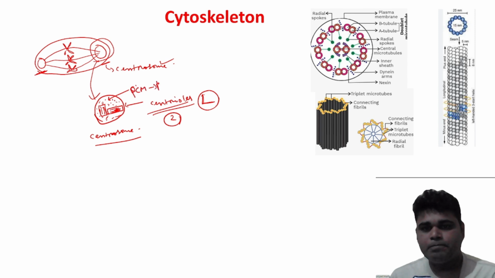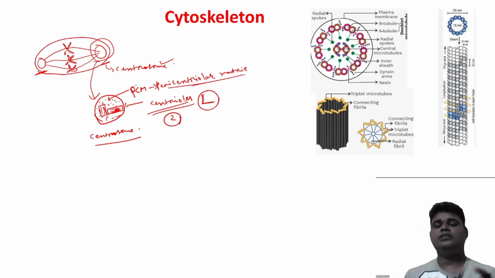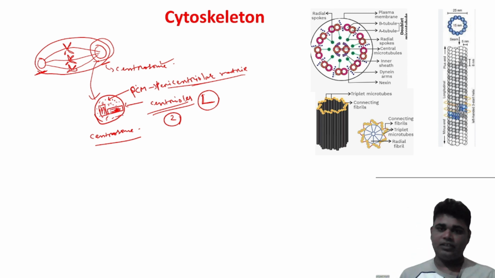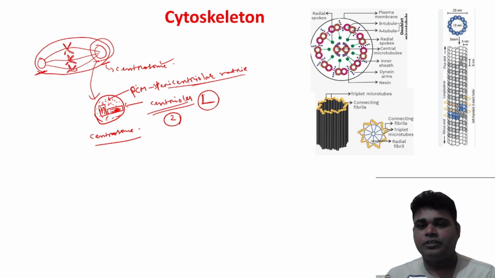PCM means pericentriolar matrix. Just imagine it like the cytoplasm. So inside the centrosome, two centrioles are present perpendicular to each other, and the PCM, or pericentriolar matrix, is present around them.